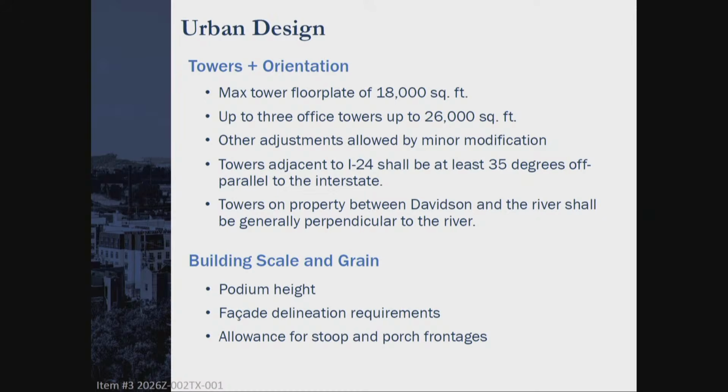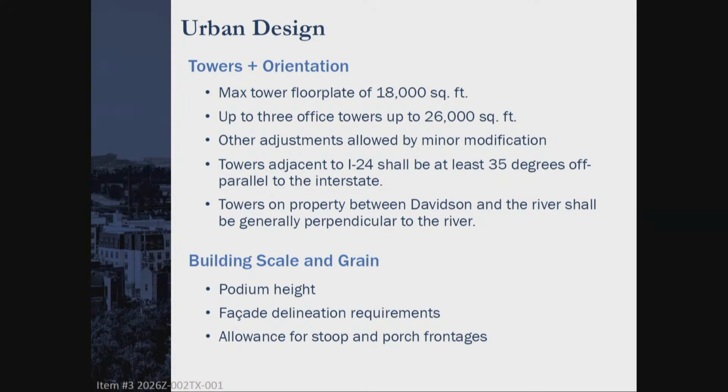We also looked at the orientation of towers as it relates to I-24 and the river. What we don't want to create are walls in either places where you have just building walls along both that would block views or limit the porosity of the site.